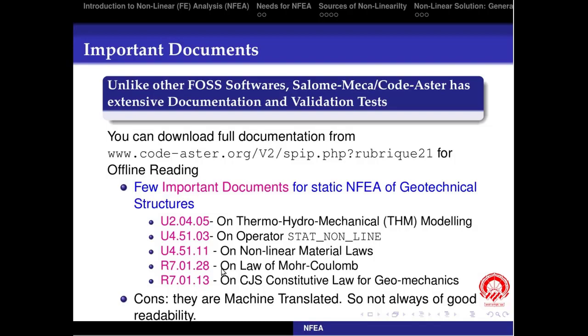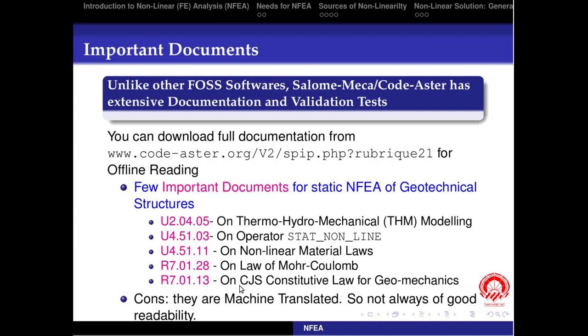Then these are the reference manuals for the Mohr-Coulomb failure law, and there is another, the CJS constitutive law, made for soil materials, and I think it has some convergence benefit over the Mohr-Coulomb law, and therefore you can go through this manual as well.